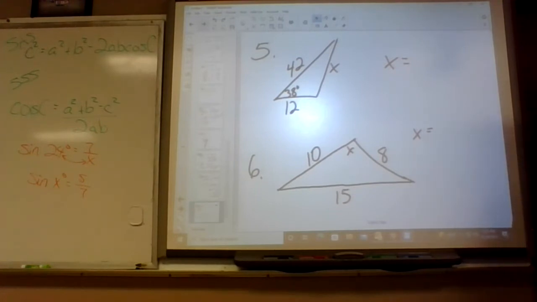If it's a little a and a little b, that means it's the sides. Cosine of C, cosine takes angles.